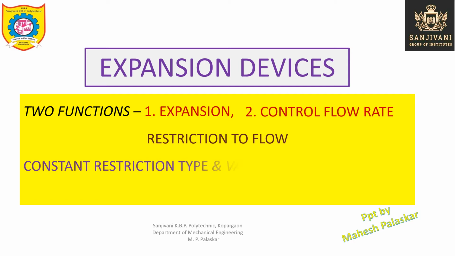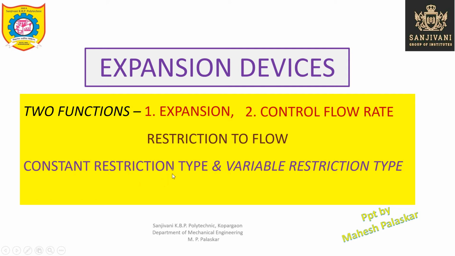Now this restriction which is provided to the flow of refrigerant by the expansion device can be a constant restriction or it can be a variable restriction. The restriction can be changed or the restriction cannot be changed. If in a particular expansion device it is not possible to change the restriction, then that is a constant restriction type expansion device, and the example is capillary tube.